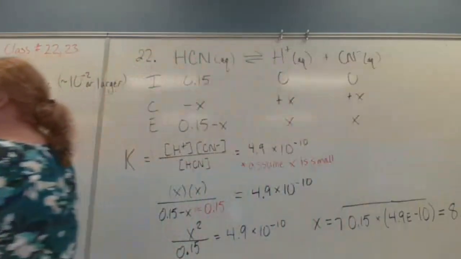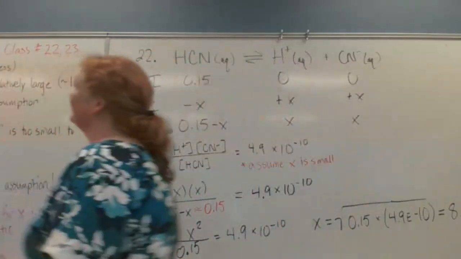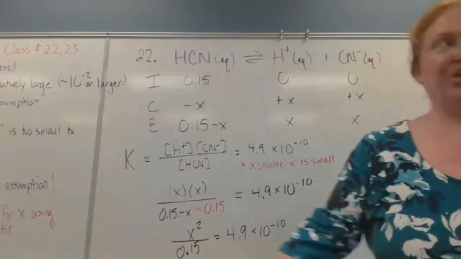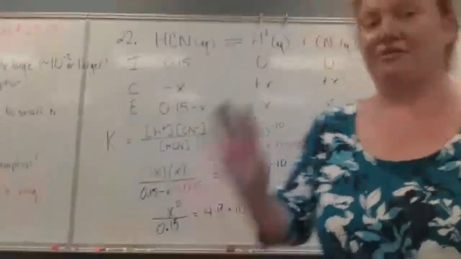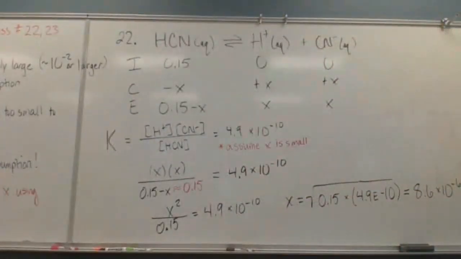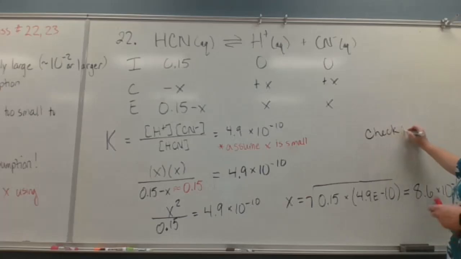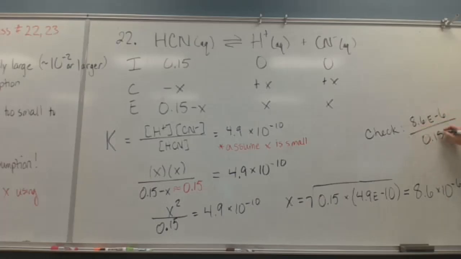X is very small, isn't it? What do I do now? Let's check the 5% rule. When I say check the 5% rule, what am I doing? This value over that initial given amount. 8.6 times 10 to the negative 6 divided by 0.15, times 100.